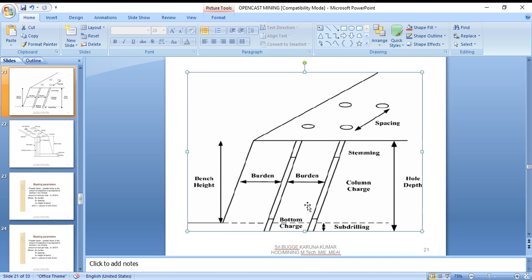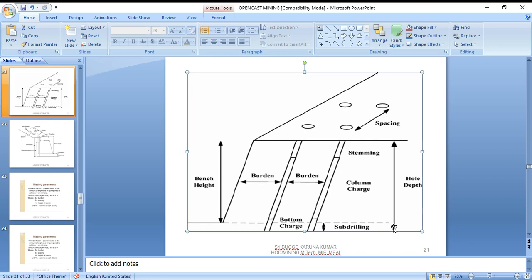In such conditions, the next bench formation's top crest is not maintained uniform. It will be zigzag, and some meters will be here. Our aim is to cut exactly here, so such things will not happen. That way, for the depth of the hole, we add 10%, which for 10 meters is 1 meter.